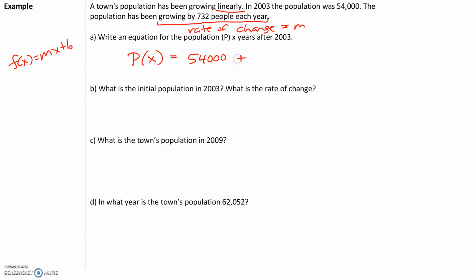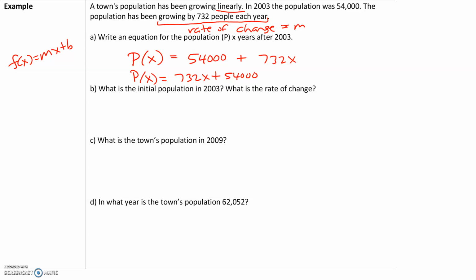Now, every single year, the population is growing by 732 people. So that'll be 732x. If you want to write that in the form y equals mx plus b, you can rewrite that as P of x equals 732x plus 54,000. But either form will be fine.